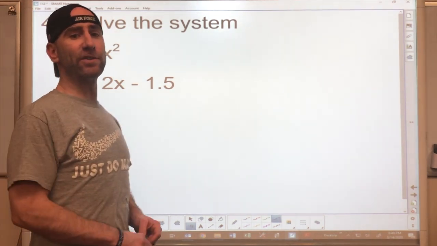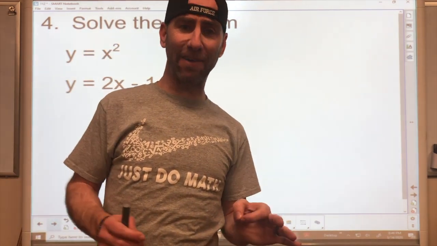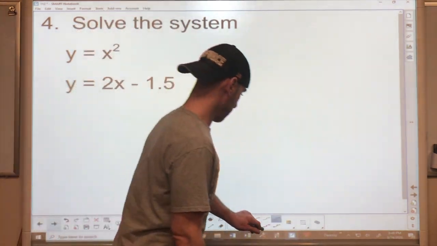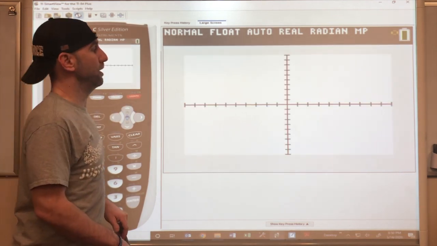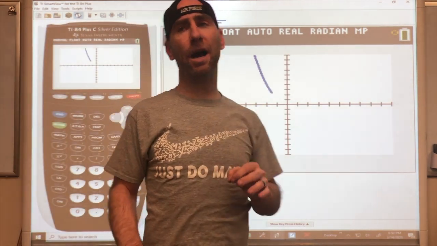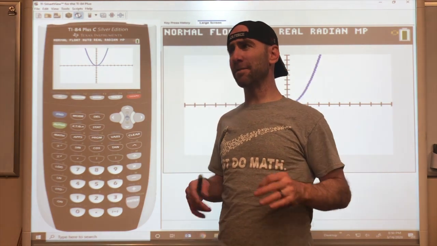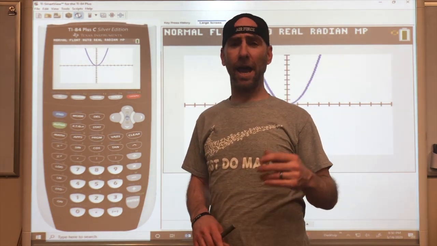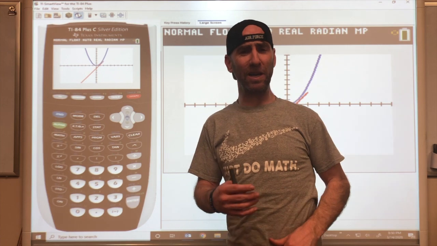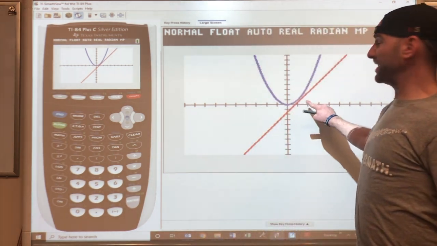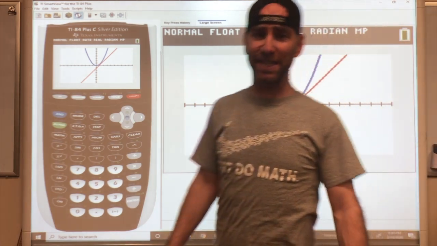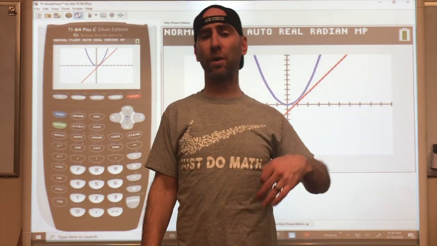Enter both of those into your calculator. Find the solution. Okay, this gets pretty technical, and we're not going to have an opportunity to look at this until we're back at school, but you can see here that it's difficult to tell if there is a solution or not.